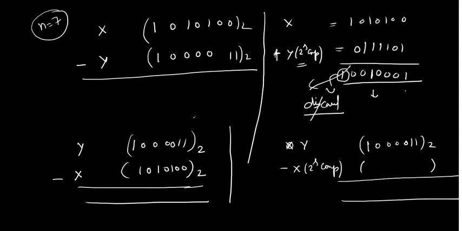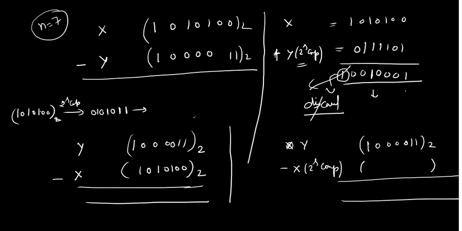Okay, let's do it. The 2's complement of this can be written by just inverting each digit and then adding 1. X is 1010100. In order to get the 2's complement of this, we first subtract each digit from 1. Subtracting each digit from 1 is equivalent to inverting each digit, right? 0101011, and then adding plus 1.